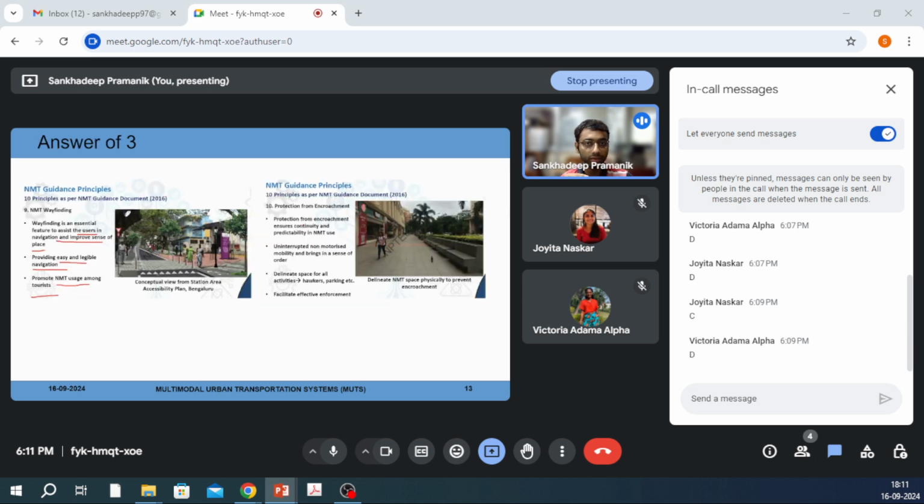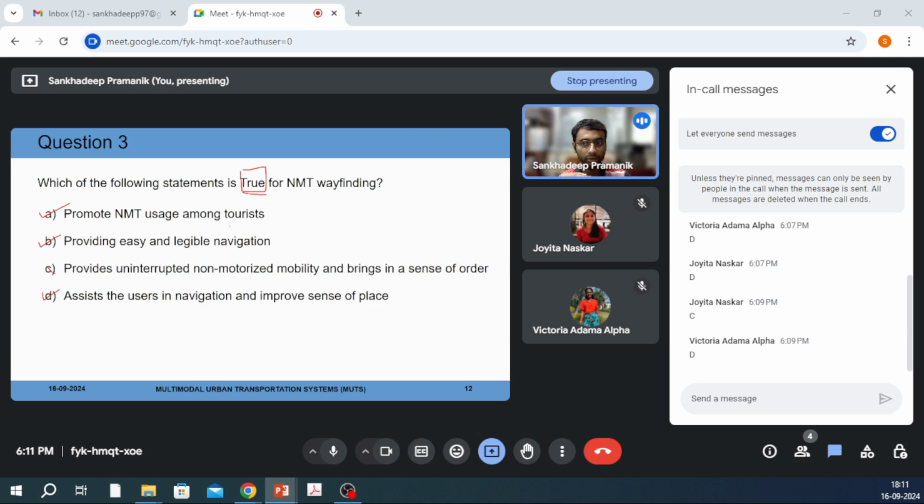It is connected to protection from encroachment: vehicles cannot be parked in this area, so there is protection from encroachment. So this statement is false, and A, B and D are the correct answers here.